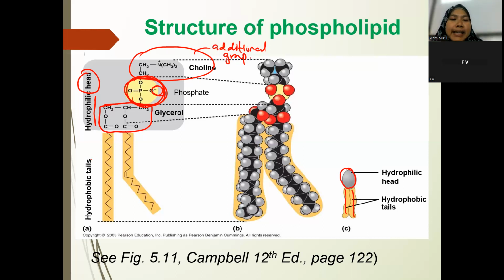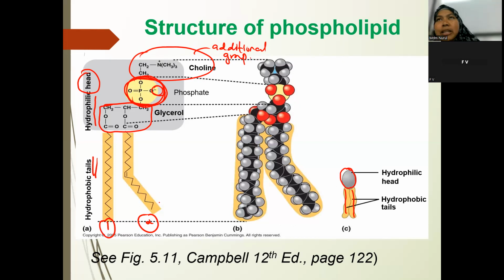And the tail, you can see here, the tail is hydrophobic. Sebab you can see it is made of fatty acids. So ini adalah fatty acid number 1. This is fatty acid number 2. Ulang kaji. Which one is saturated fatty acid? 1 or 2?